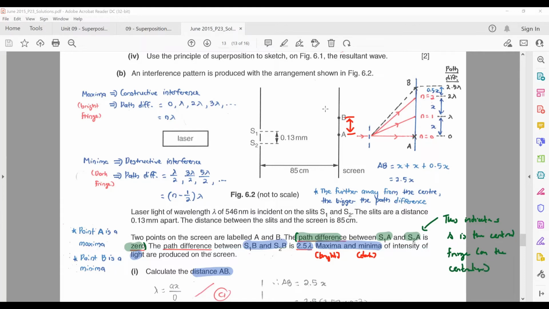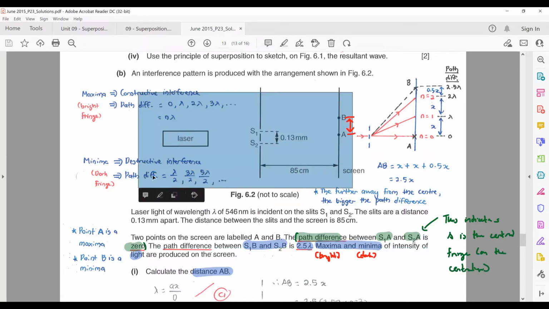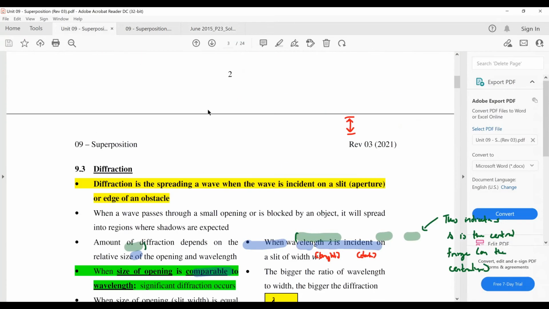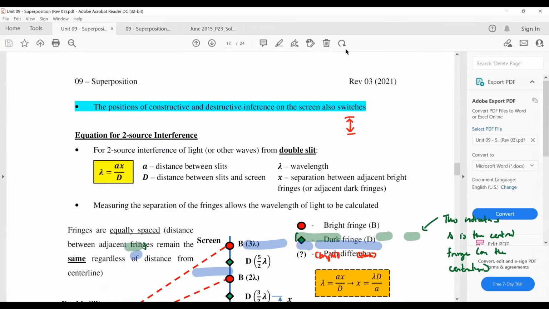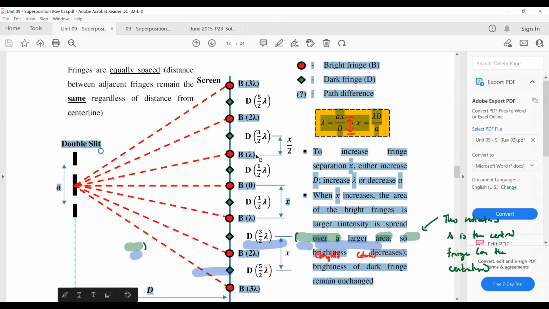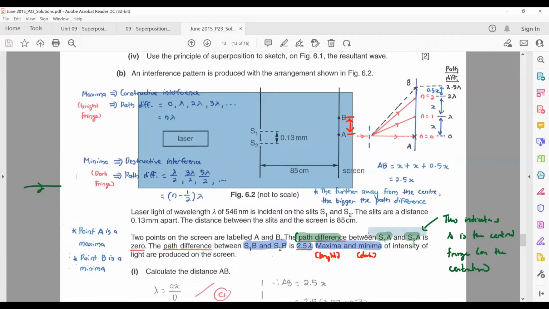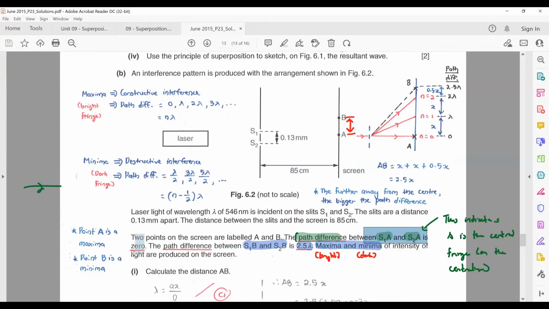This same experimental setup, the interference pattern you get looks like what you see on page 12. You have a double slit, you have a screen. If you shine a light through a double slit, the light will spread out, giving you bright and dark fringes on your screen. So based on what you see here, point A, because the path difference is 0, this tells you that A is the central fringe, on the center line itself. That is the first fact you can see.